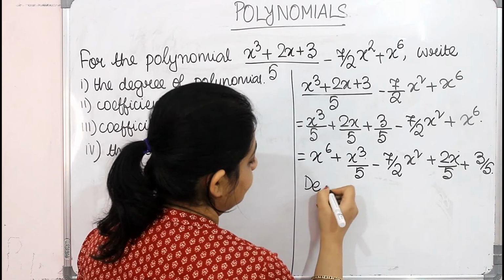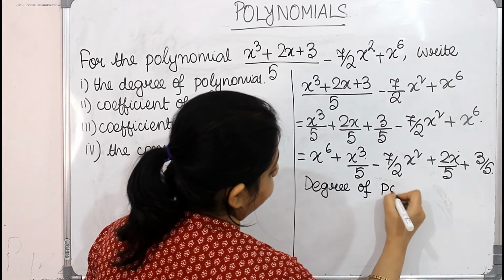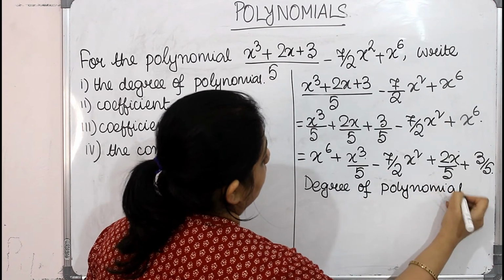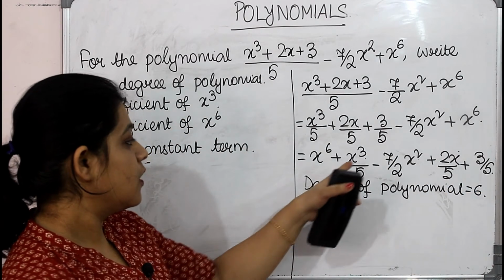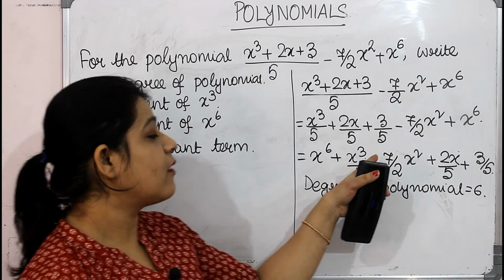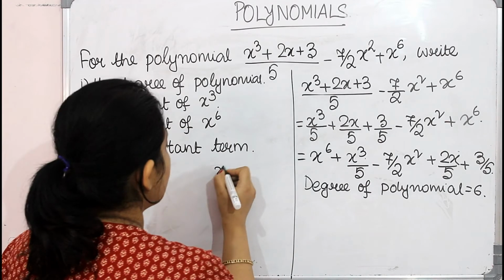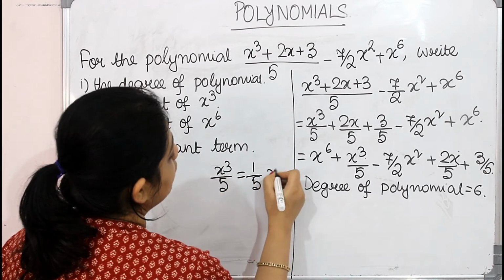So the degree of polynomial is equal to 6. Now coefficient of x cube. So x cube is what? x³ by 5. We can write x³ by 5 as 1 by 5 into x cube.